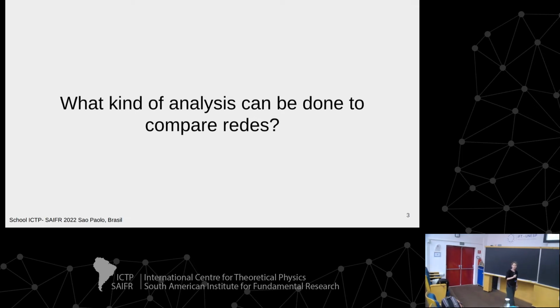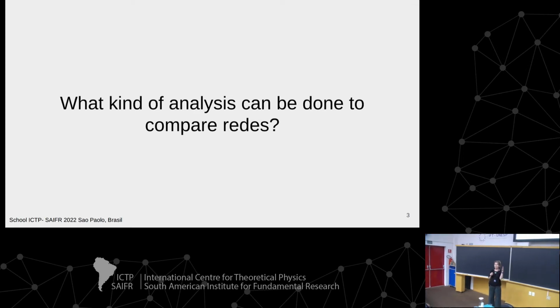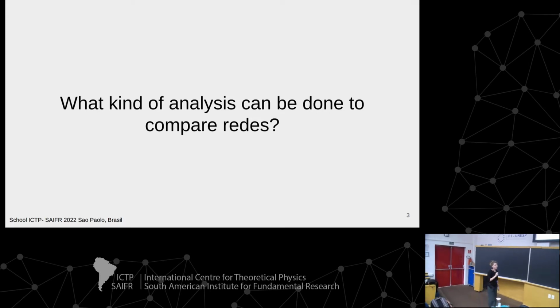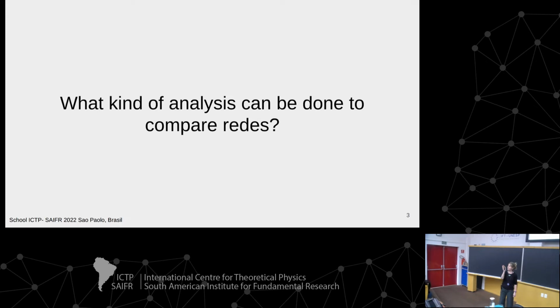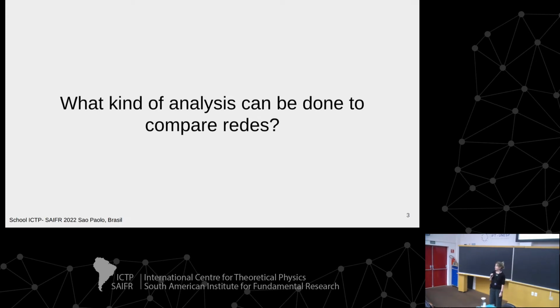As you remember, we have the 24 different networks, one for each year. So I have a series of years, so I have a temporal observation. And we saw that there are different structures that we observed. So my question was what kind of techniques I can apply in order to compare the structures, yes?